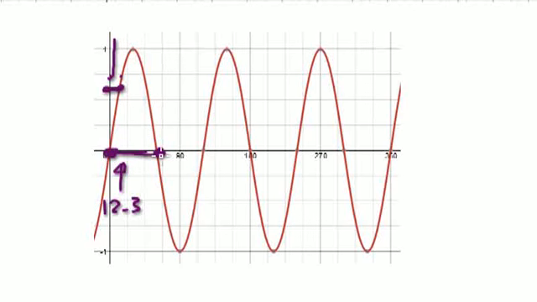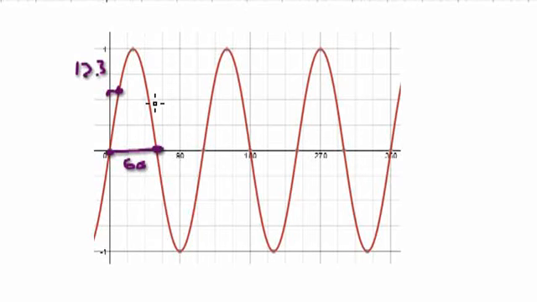Sorry, one period here is 120. So from here to here is 60, and from here to here is 12.3. At the moment we've got this box here.